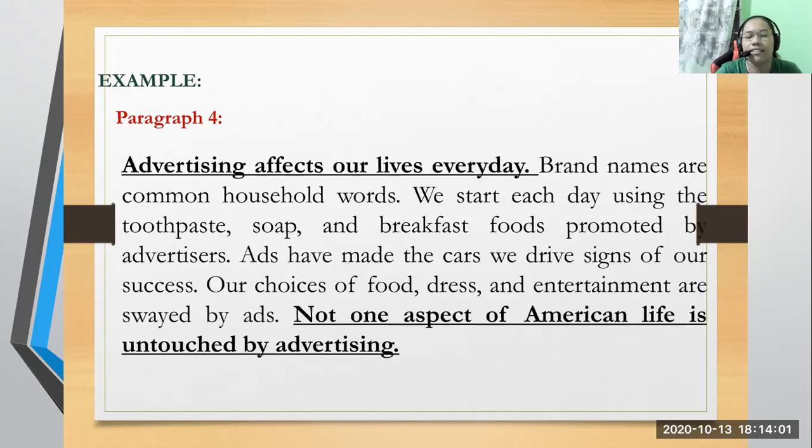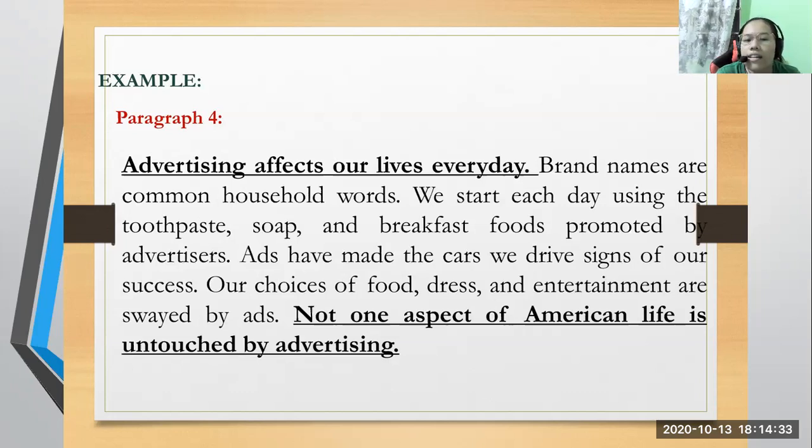All right. In this paragraph, what type of main idea do we have here? Again, it is explicit. But what did you notice? Where can we find the main idea? The main idea is actually split into two. The first sentence is announcing what the topic is all about. The topic is advertising.